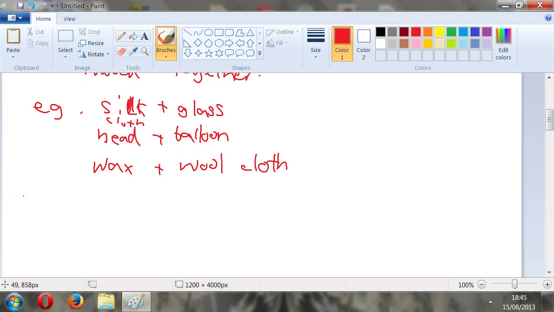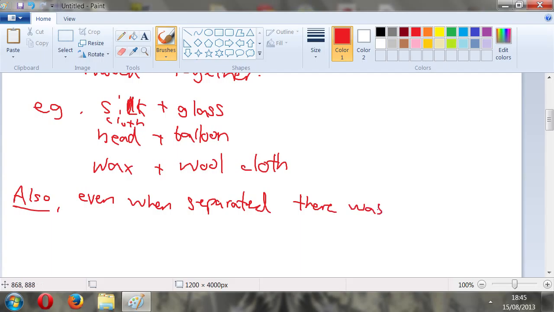However, even when separated, there was an attractive force. So they still seem to go towards each other. So this is a physical, invisible force acting at a distance.